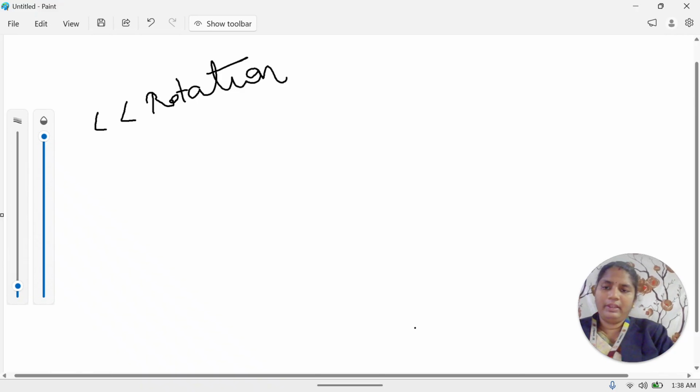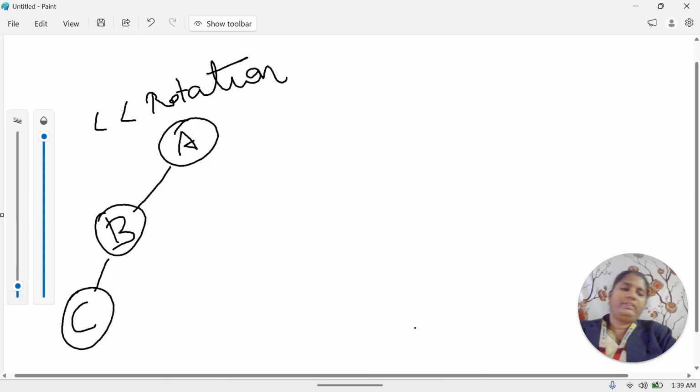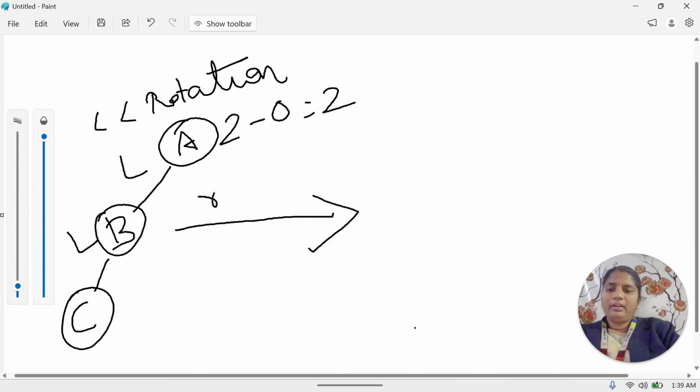Left rotation means, for example, A, B and C. If you see this example, the balancing factor of A is 2 minus 0, that is 2. The balancing factor should always be -1, 0 or 1, so here the balancing factor does not satisfy. This is L, this is L. The meaning of LL rotation is this one. In this we need to perform a right rotation.